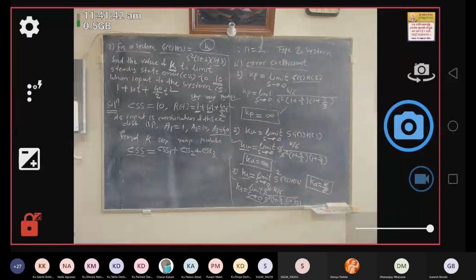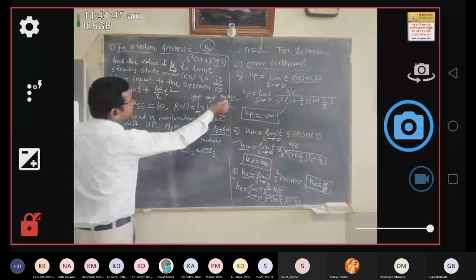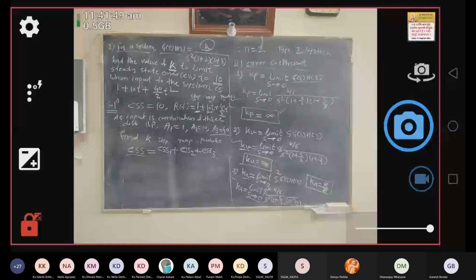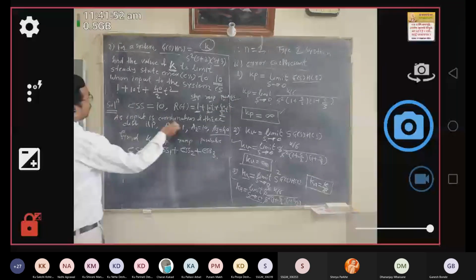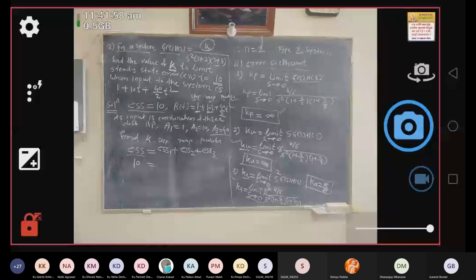Am I correct? Because here we have applied input R of t is 1 plus 10t plus 40 by 2 into t square. When we apply such type of input, the total ESS is limited to 10. So therefore here the total value of ESS we are limiting to 10.